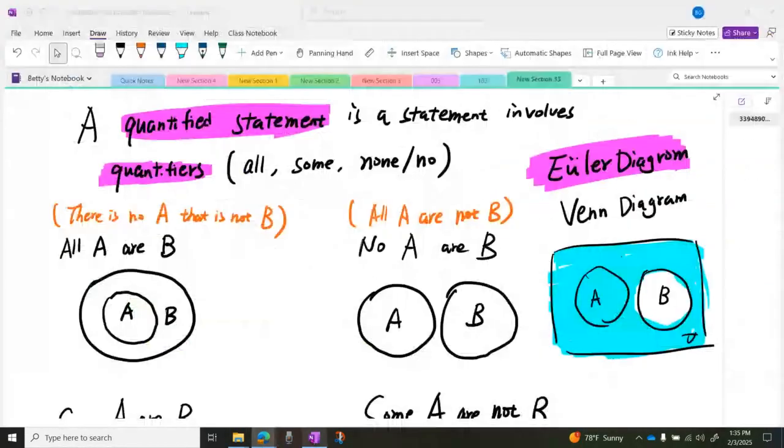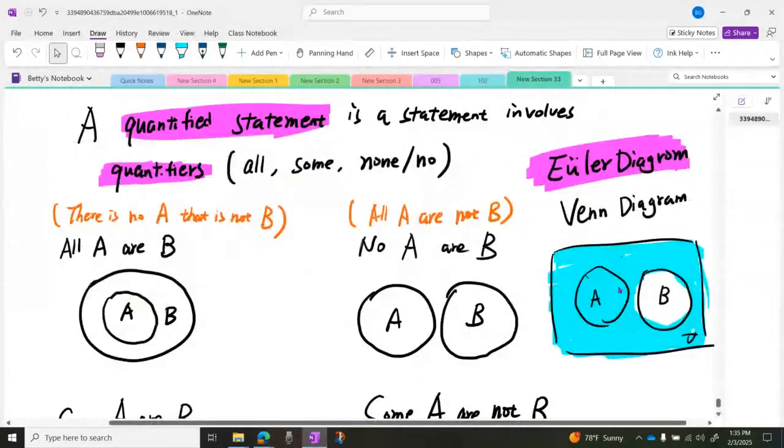Perfect. And as you can see, if no A are B, then the whole set of A is inside the blue region. All A are not B. You see that? The whole set of A belongs to the blue region. So all A are blue.